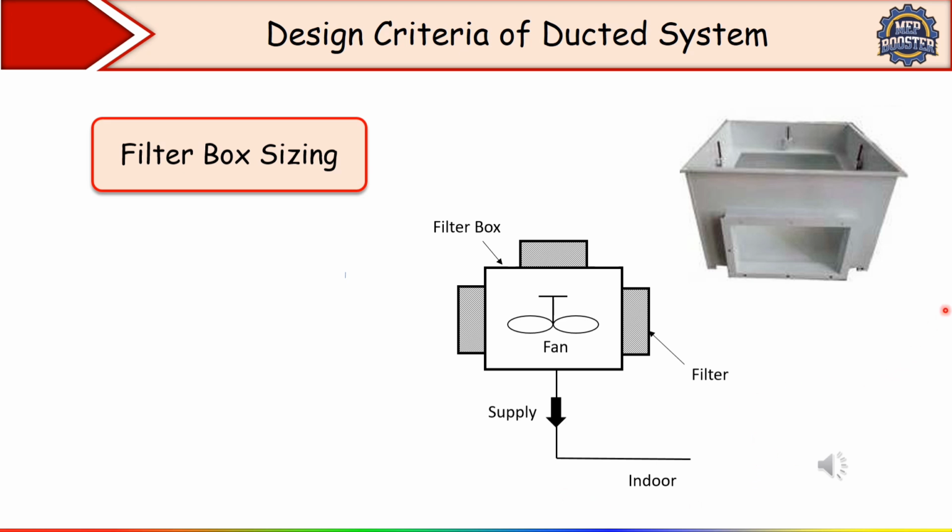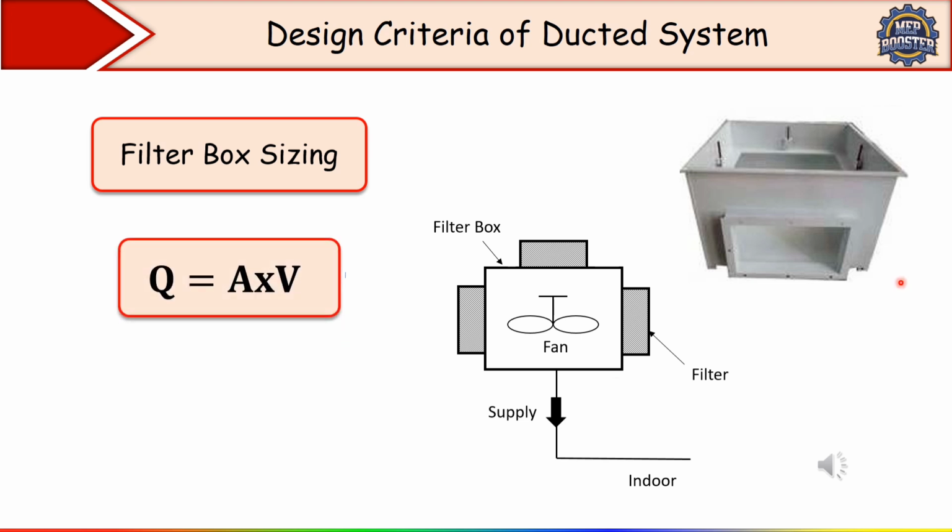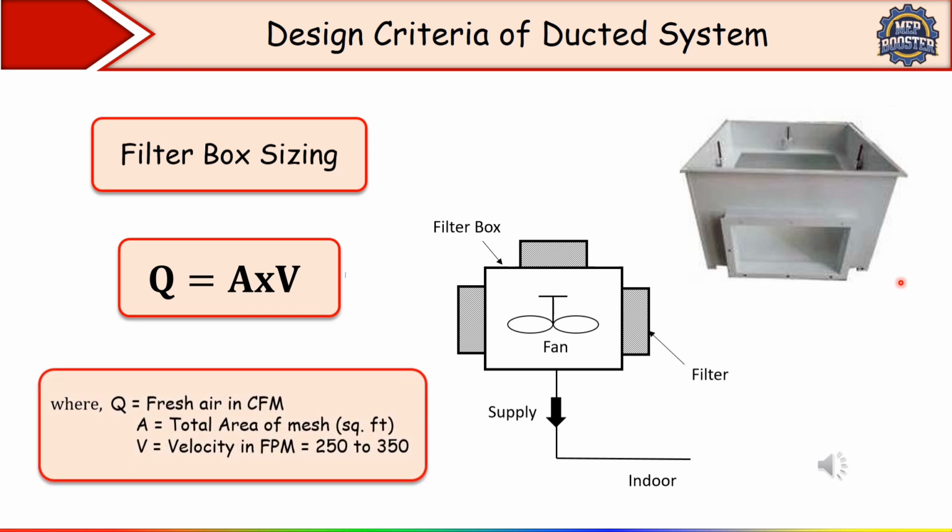Now the question is how we can do the sizing of this filter box. For that there is a formula, Q is equal to AV, the same continuity equation, where Q is the fresh air CFM.